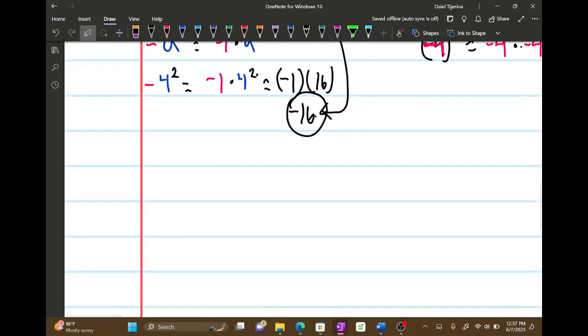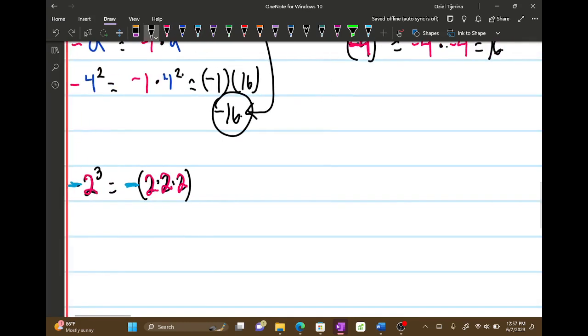Also, the idea of cubes. When I say negative 2 cubed, this is really negative the quantity 2 times 2 times 2. We have to understand that difference, otherwise we're going to get it wrong.